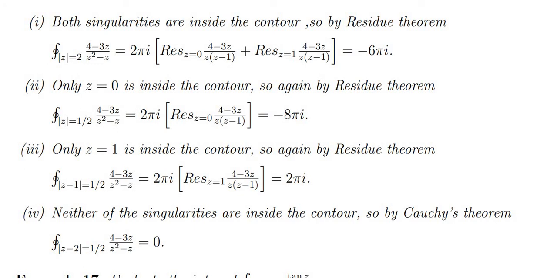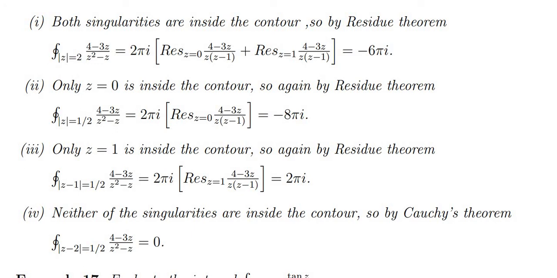For the second part, we have the contour |z| = 1/2. But for this contour, only z = 0 is inside. So by the residue theorem, this integral is equal to 2πi times the residue at 0. That's equal to −8πi.